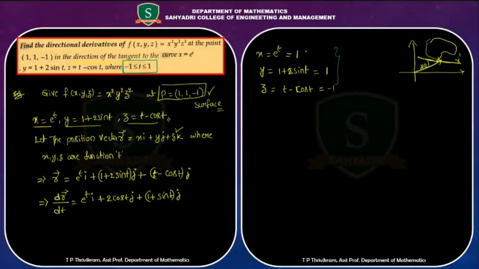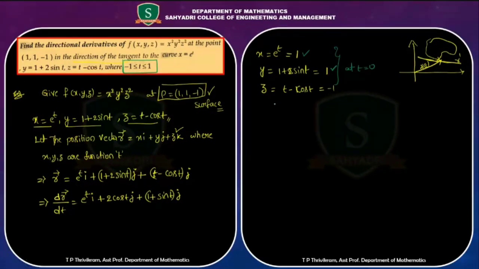If you substitute t equal to 0, e power 0 is 1, it is satisfying. Similarly, 1 plus 2 sin 0, sin 0 is 0, so the remaining value is 1. Yes, it is satisfying this. Next, when t equal to 0, the first term will be 0, and cos 0 is 1, so 0 minus 1 is minus 1.